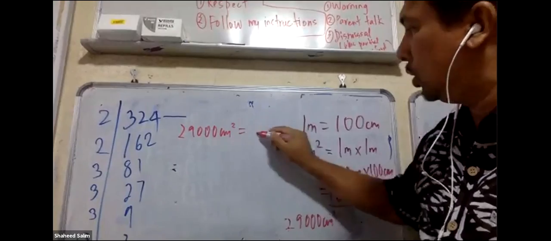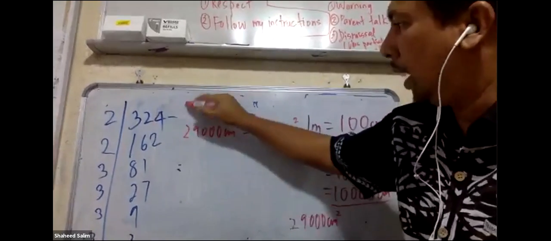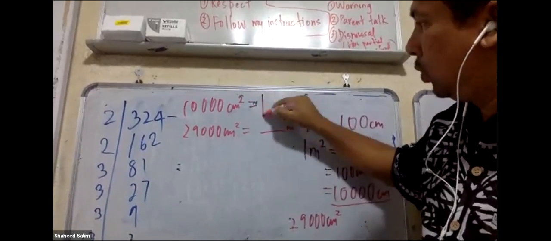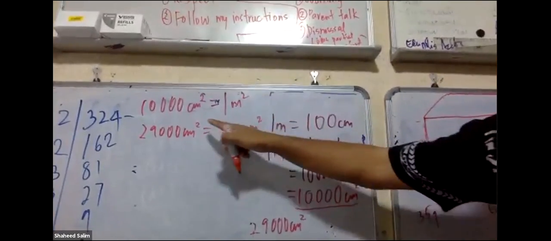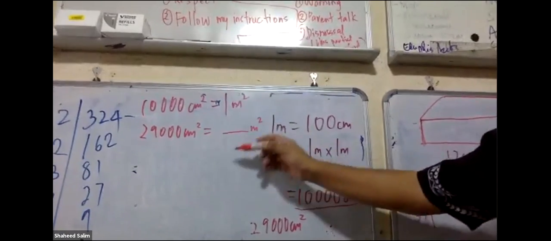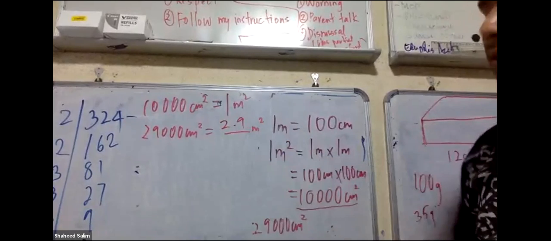They want you to change to meter cube. And we know that 10,000 cm cube is equal to 1 meter cube. We have just proven 1 meter cube is equal to 10,000 cm cube. So all we need to do is take 29,000 divided by 10,000. You get 2.9.